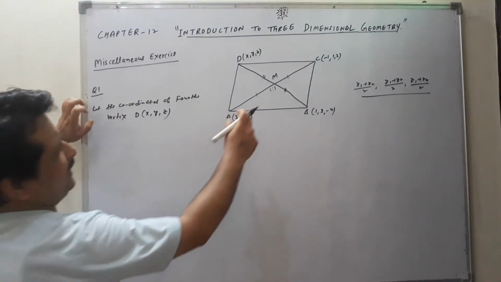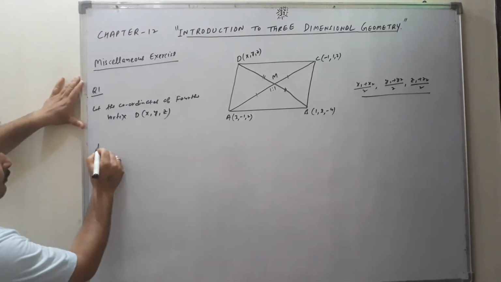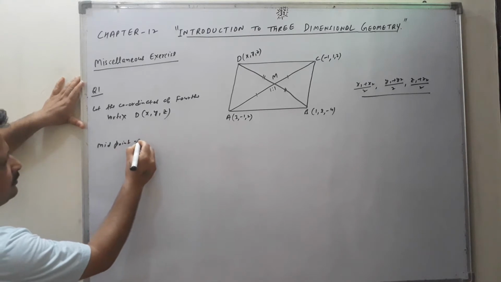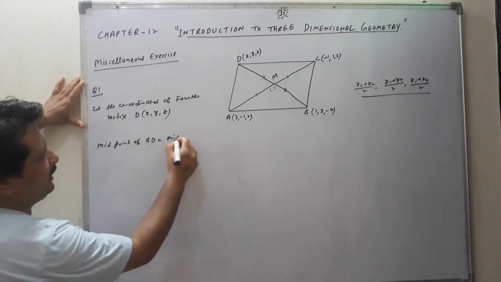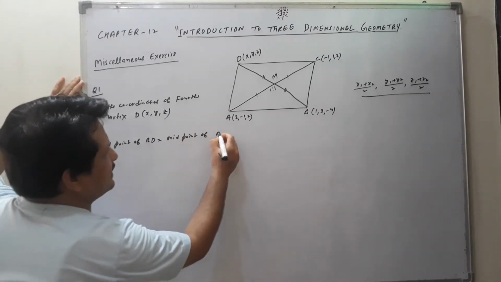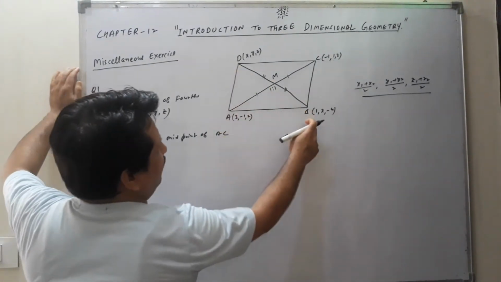So its meaning is that M is the midpoint of BD. So we will say that the midpoint of BD is equal to the midpoint of AC.